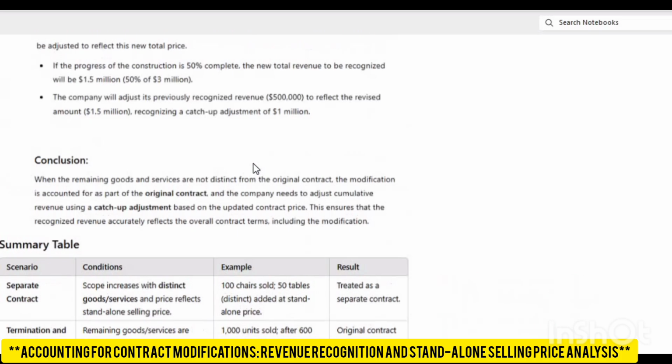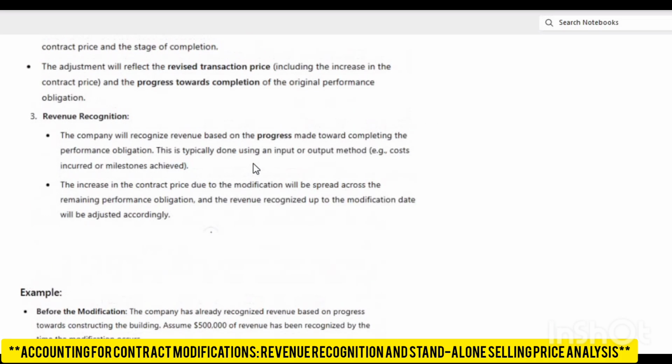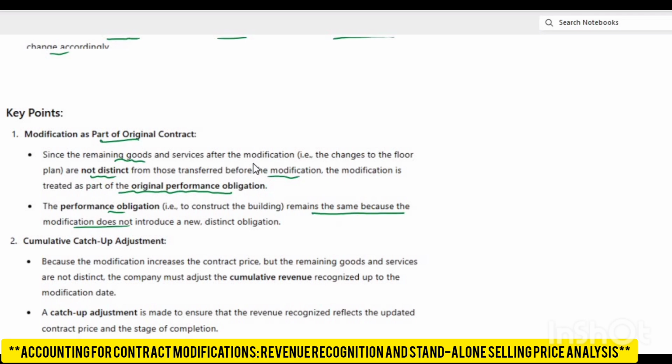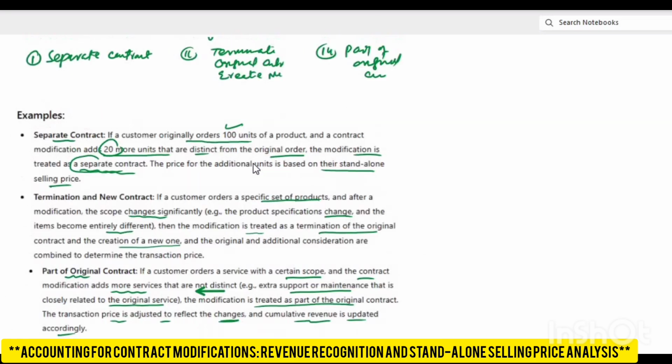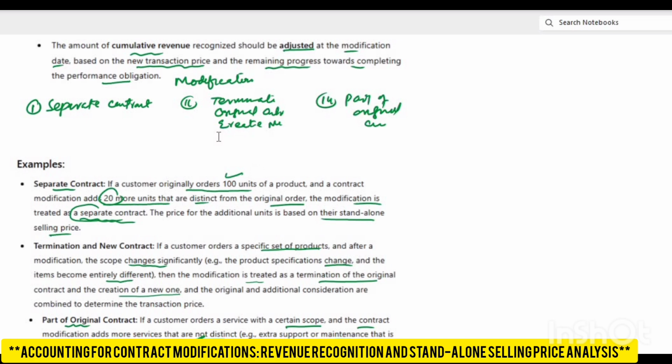And then we have discussed that if there is a change in the price and the scope in the contract, then we call this a contract modification, and you will get 3 scenarios: separate contract, termination of the original contract and creation of a new contract, and a part of the original contract.